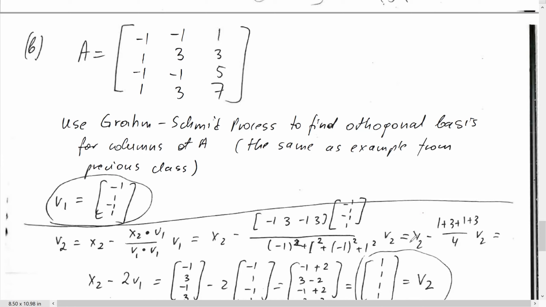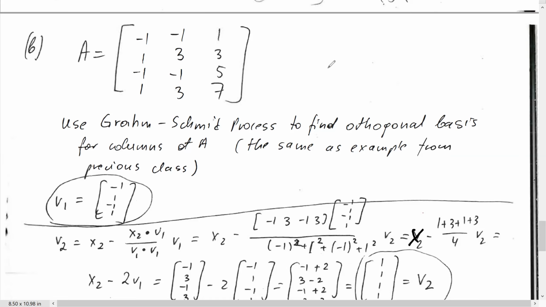This should be X2, of course, right? X2 minus this coefficient times V1. So I have X2 minus 2 times V1, and I plug it in and perform the calculation. So this is my V2 vector. So I have the first and now the second.